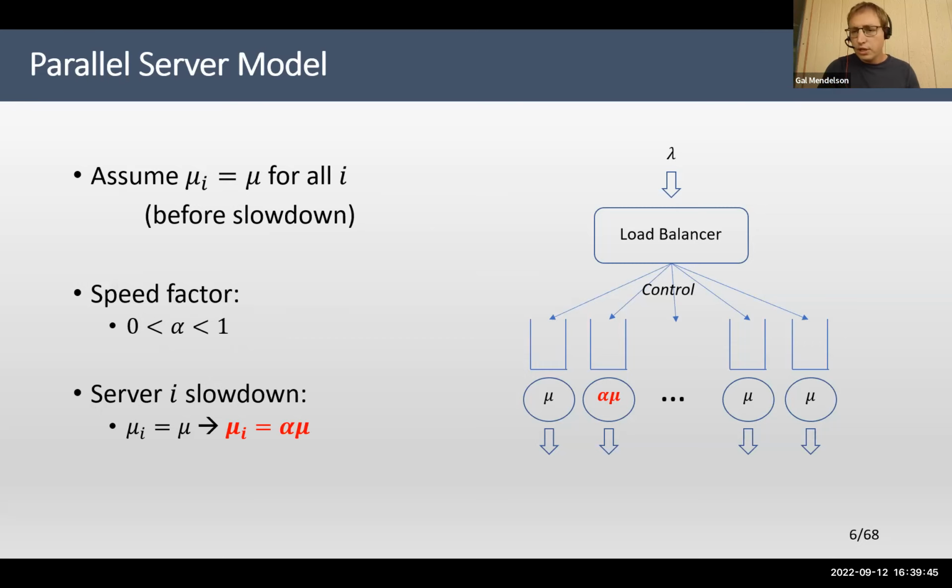Also, we assume that the slowdown is of just one server; we don't talk about what happens when multiple servers fail at the same time, although that's a very interesting problem. The way we think about slowdown is we introduce a speed factor alpha, a number between 0 and 1. If server i slowed down, then its service rate changed from mu to alpha mu, as you see in red in the picture.